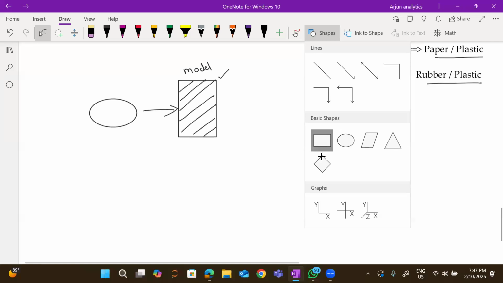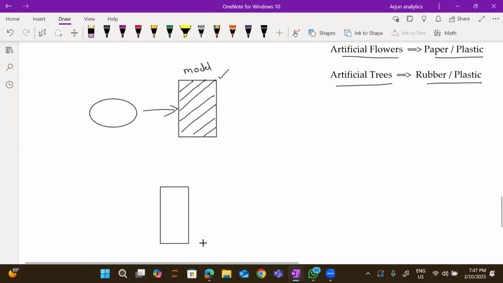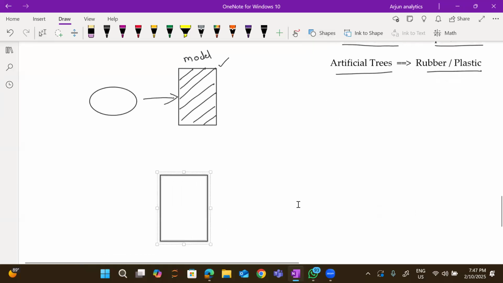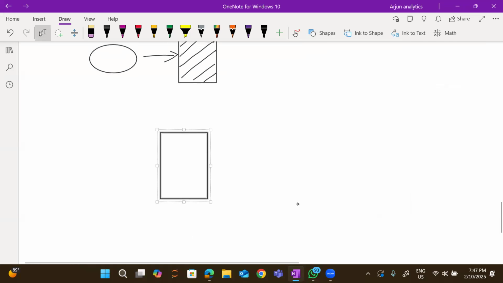We are talking about model a lot. What is this model? This model is nothing but, in simple terminology, it is a program, guys.